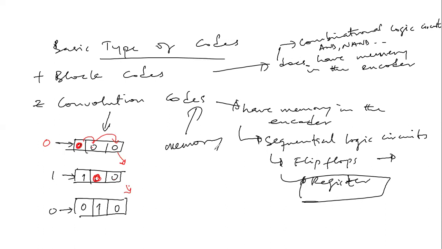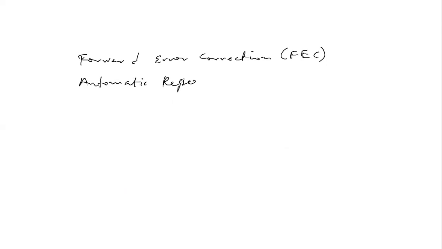Now, I already mentioned that the error control code can be achieved by either using forward error correction, called FEC, or automatic repeat request, just ARQ, or it could be hybrid.